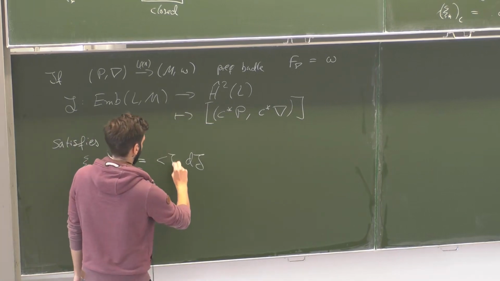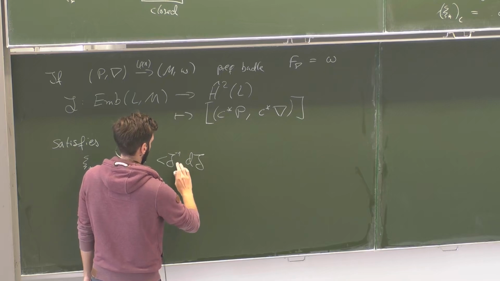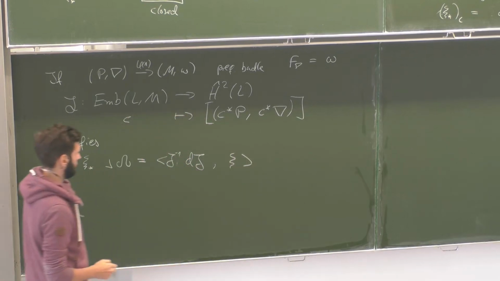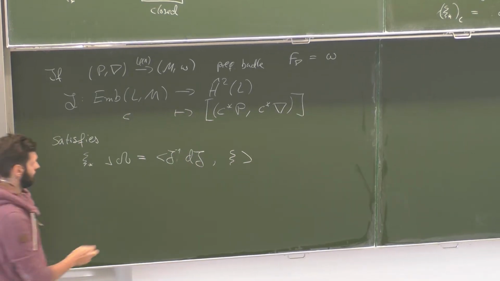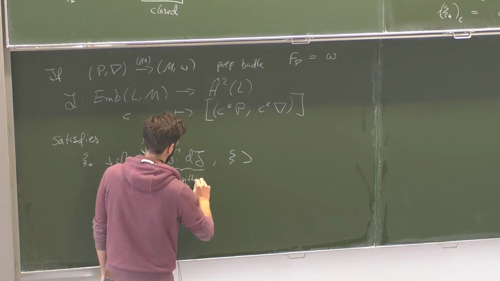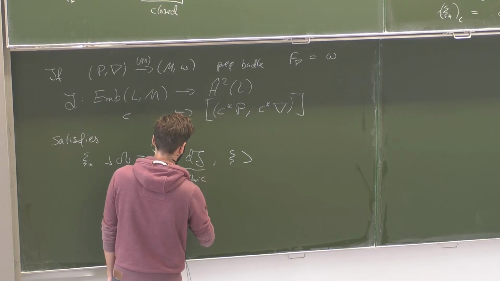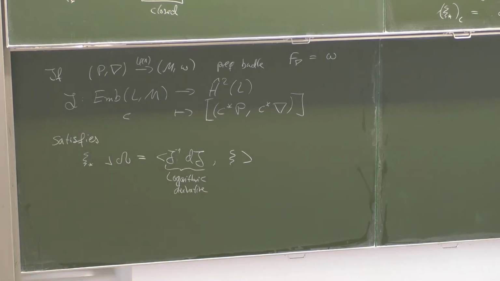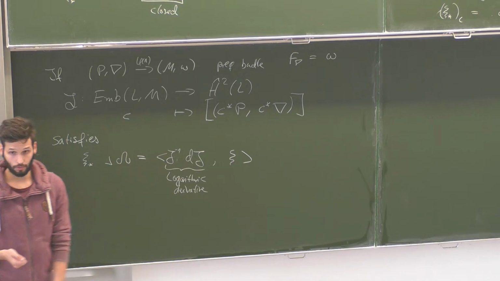So we have to move it back by J and pair it with c. That's this guy over here, what is called the logarithmic derivative. And that's what we saw today in your talk. It popped up. It's like the pullback of the canonical Maurer-Cartan form, either the left or the right one, by the map J. So that's the same thing.